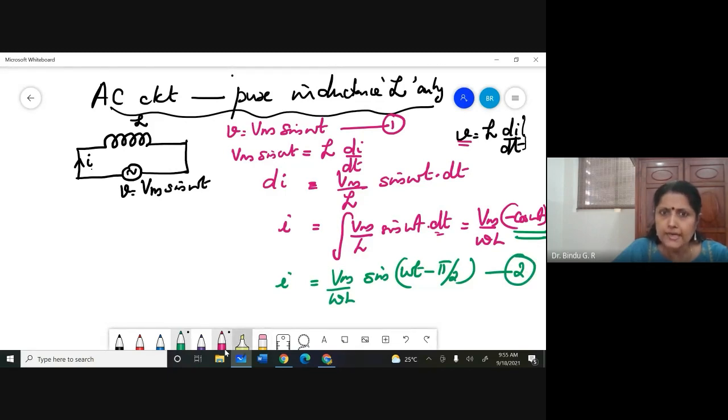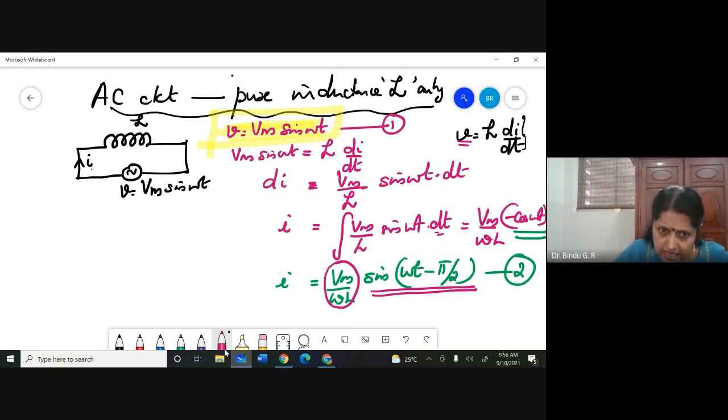So what did I get? I started with V is equal to Vm sine omega t, and I am getting equation number 2. Now, when will this I become equal to I max? When sine omega t minus pi by 2 is 1.